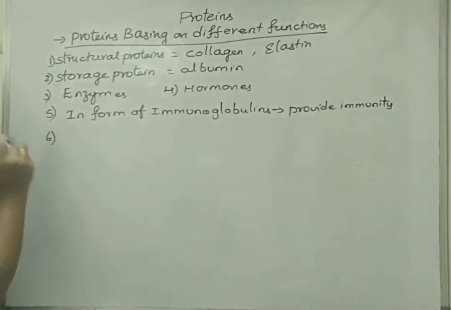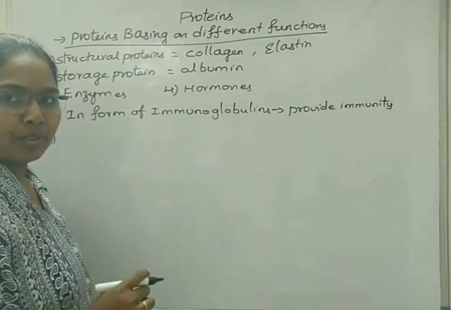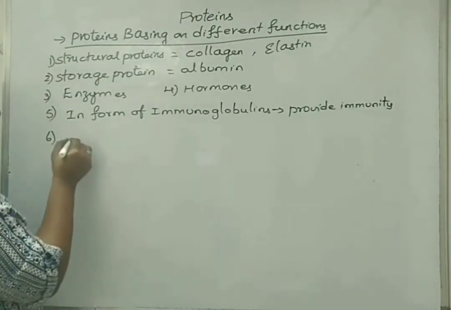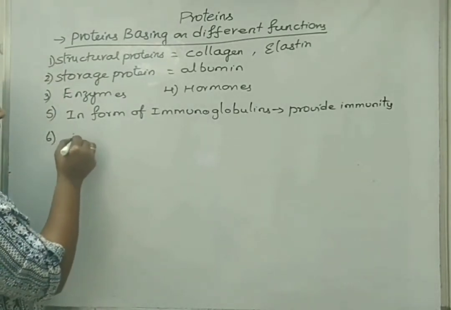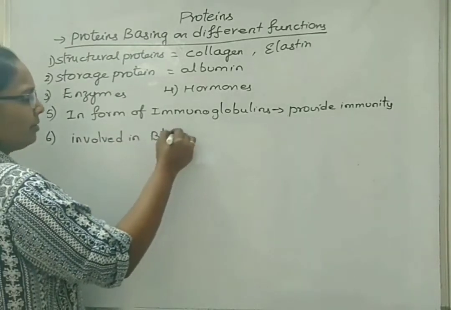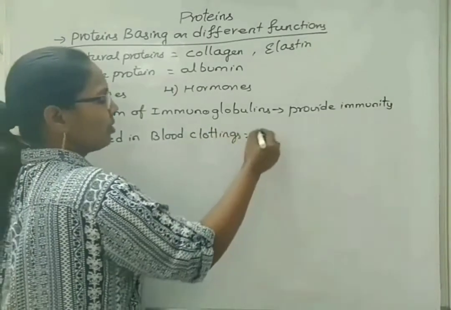Next, proteins are also involved in the blood clotting process in the form of fibrinogen and prothrombin protein. So what are proteins that are involved in blood clotting?